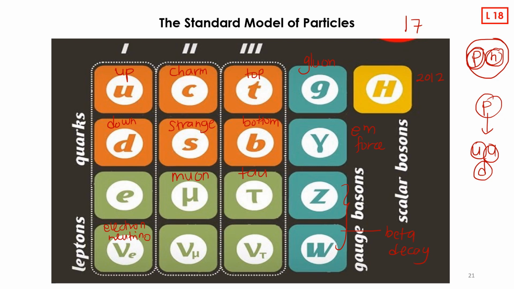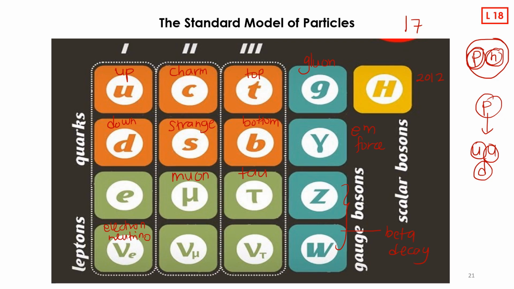But we don't feel it because neutrinos have no charge and they don't interact with other particles. That's why it's very difficult to discover these neutrinos. Measurements of weak interactions found that there are different kinds of neutrinos, as I just explained. And the last one is Higgs boson.